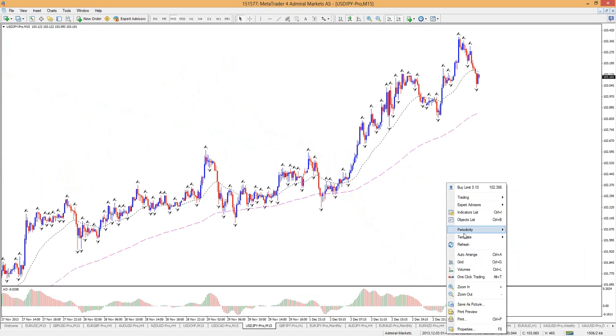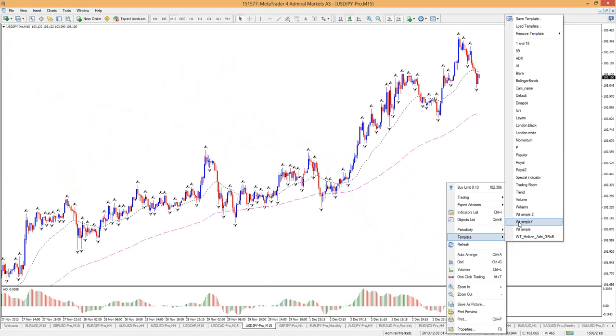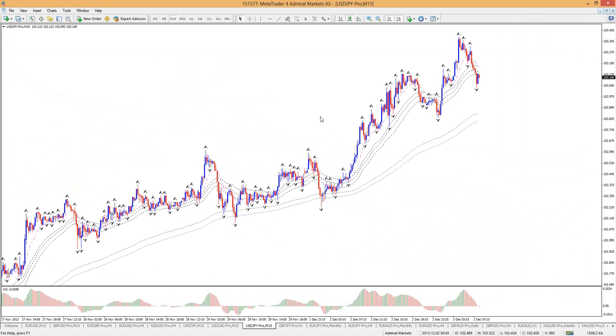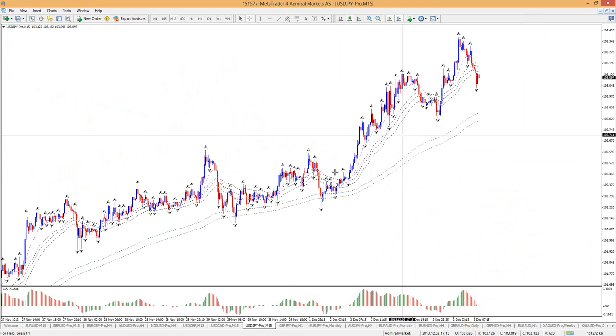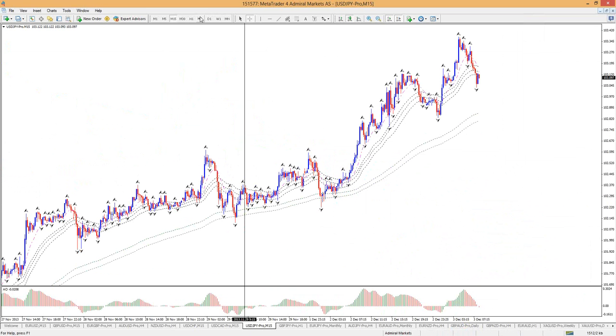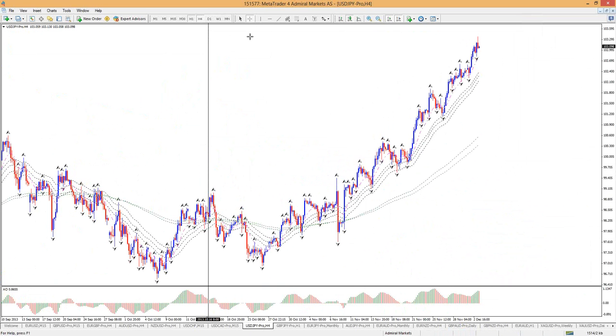Let's take a look at dollar yen. We actually took a trade live together, right? Let me take a look at the 1 hour chart.